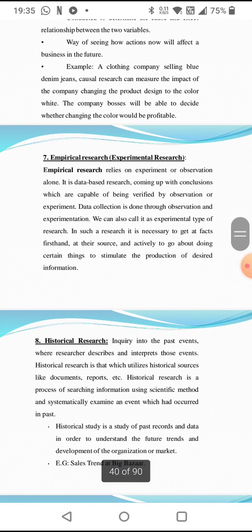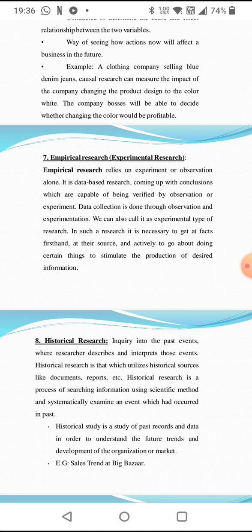Next, coming to empirical research or experimental research. So this empirical research relies on experiment or observation alone. It is data-based research coming up with conclusions which are capable of being verified by observation or experiment. Data collection is done through observation and experimentation.